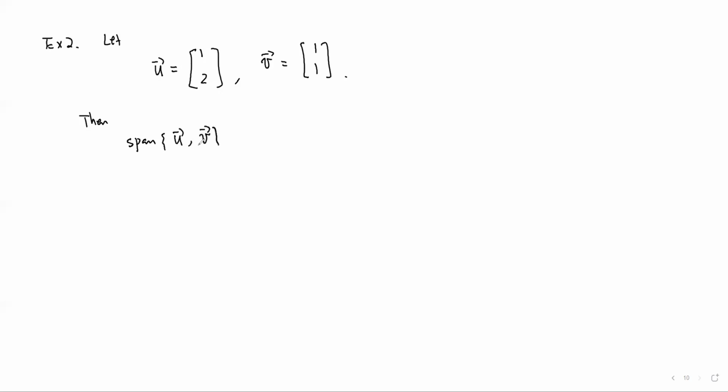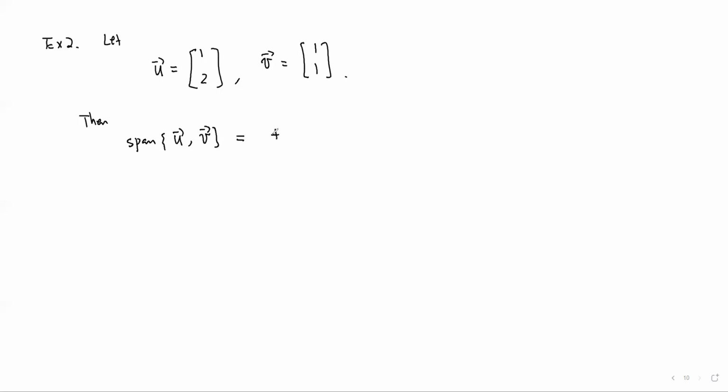Example number 2. Let U be (1, 2) and V be (1, -1). Now let me write down the set spanned by these two vectors. Then span{U, V} is the set spanned by these two vectors.